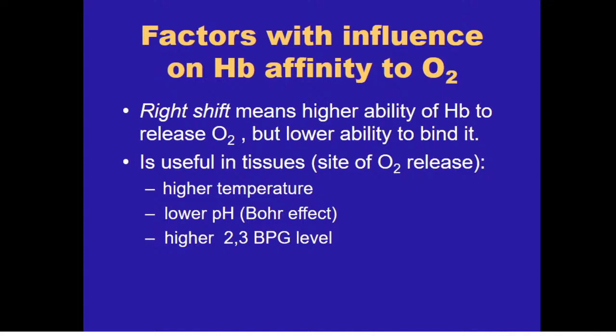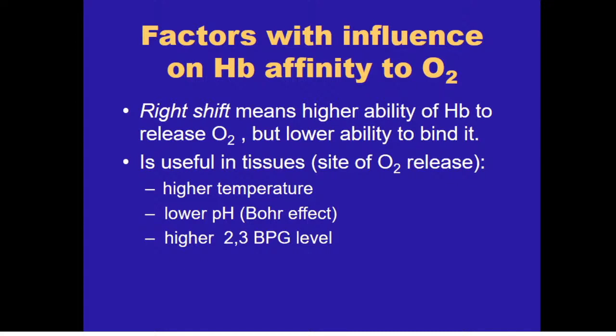That a change of temperature also influences this affinity. It's understandable because we know that our proteins are pH and temperature labile. So a higher temperature can help to release. Lower pH, the Bohr effect, helps to release, and so does a high concentration of 2,3-bisphosphoglycerate.